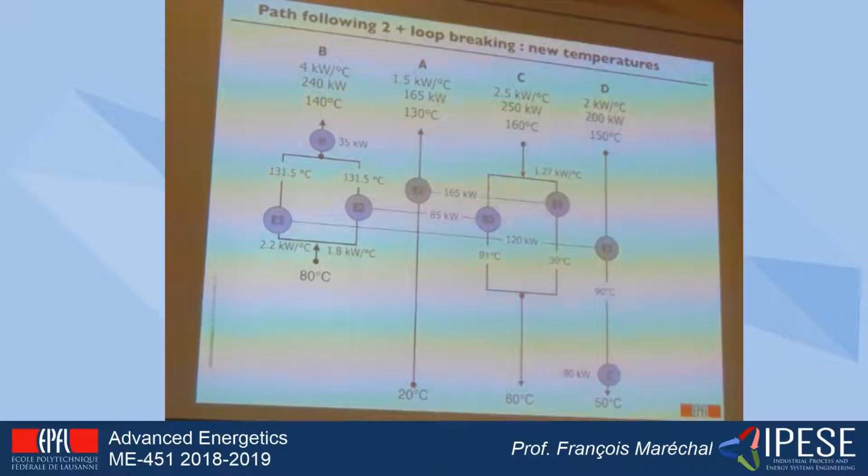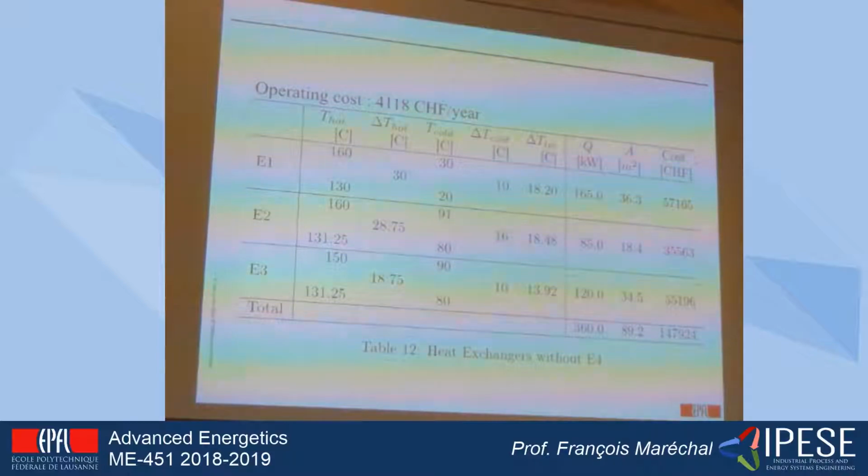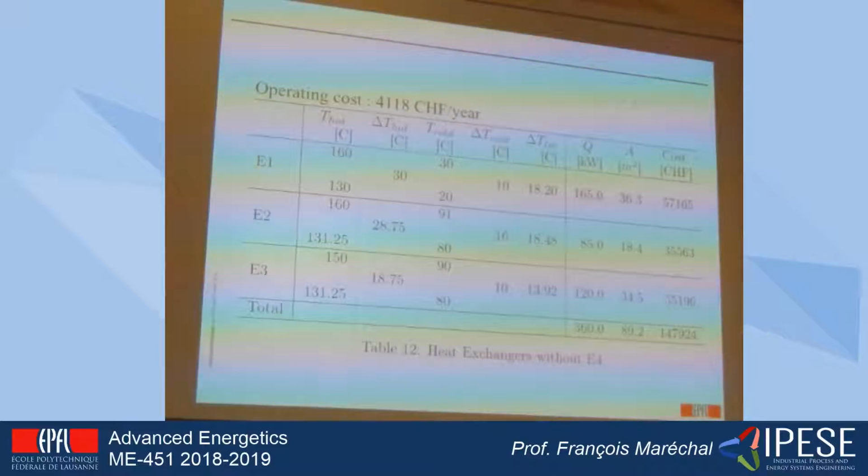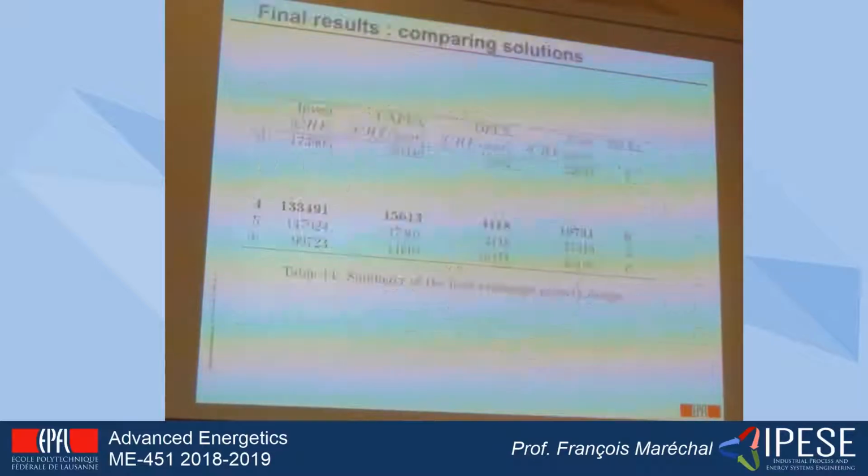Something which is important here is that I have to verify that the temperatures still remain compatible. Okay? But then if I do this, I will see that I have a new design with a new heat investment, and in this case with fewer heat exchangers, because starting from this solution I have suppressed a new heat exchanger, so I have 5 heat exchangers.